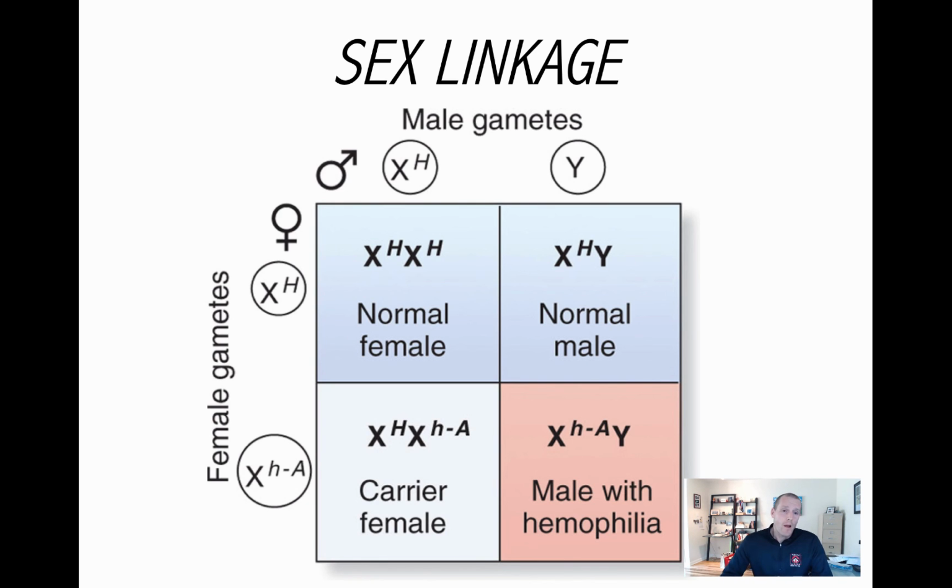So that's what happens when we see sex linkage, and it's a little bit different. We see some unusual ratios than we would if we were looking at a genetic disorder or a trait which is passed on the autosomes.